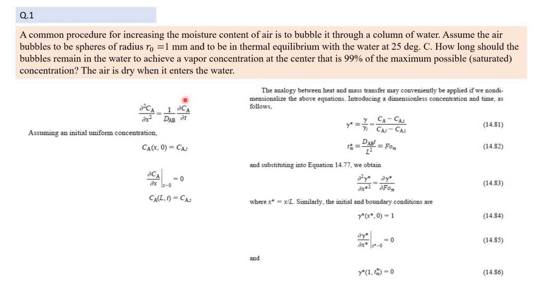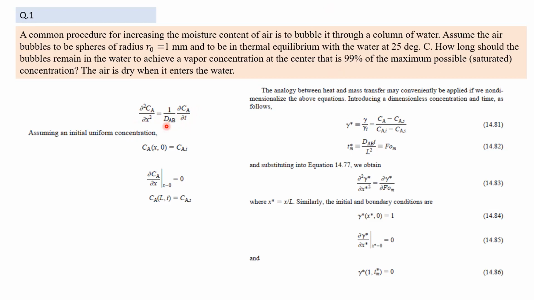You can see here the one-dimensional transient diffusion equation with a constant D_AB value. For a constant diffusion coefficient, this is the 1D equation. It's similar to a heat transfer problem.